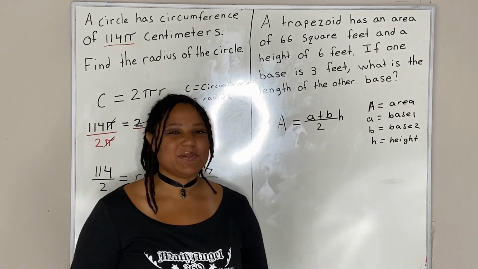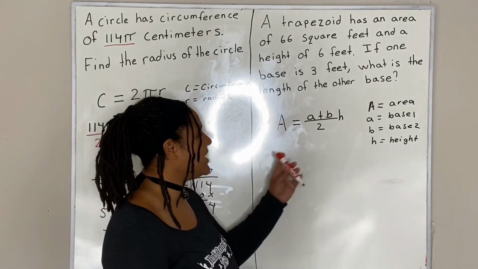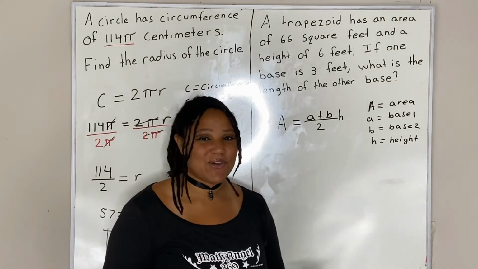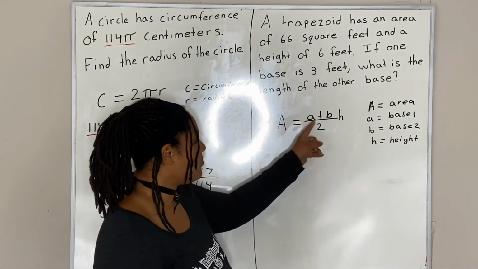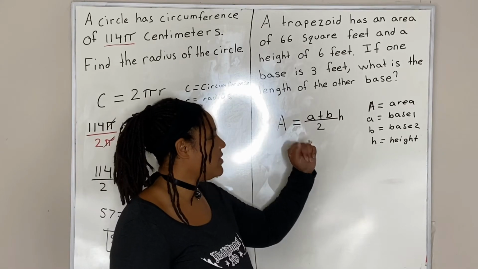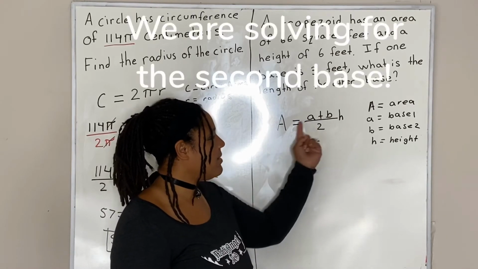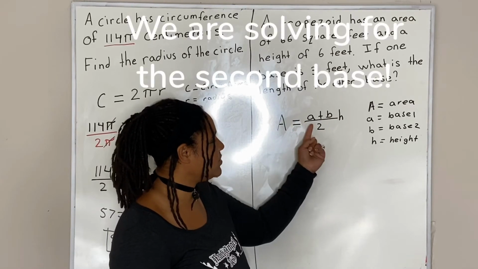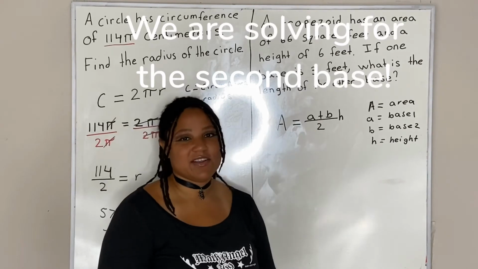And all we do is plug in what we're given into the formula and solve. So we want to solve for one of the bases. Let's say that we want to solve for the first base. It would not matter which base you choose because we're adding here, okay?